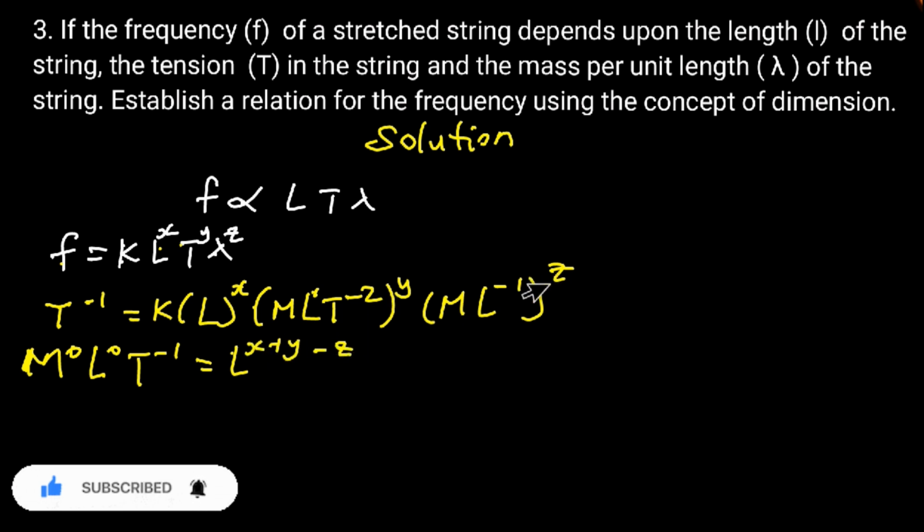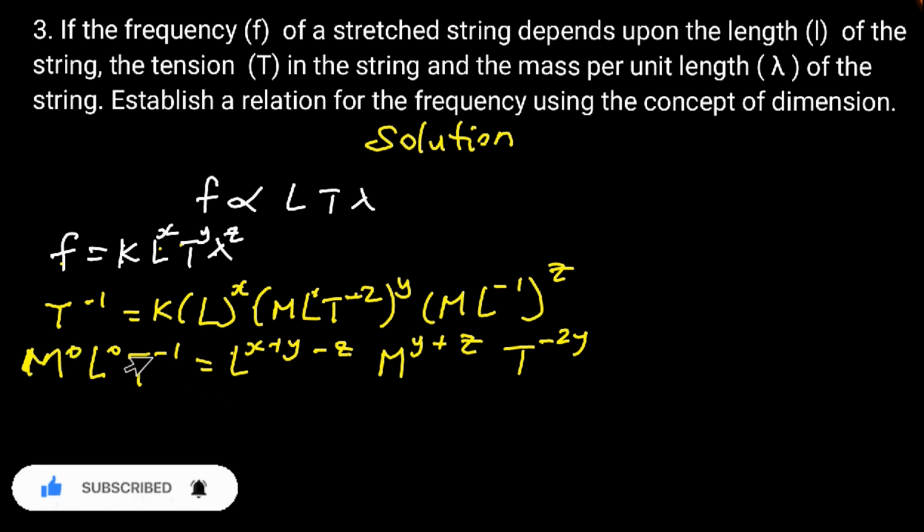For M, there's no M here, so M is going to be y plus z. Then for T, on this side there's no T, but here there is T with a power of negative 2, so negative 2 times y will be negative 2y, and there's no T here.